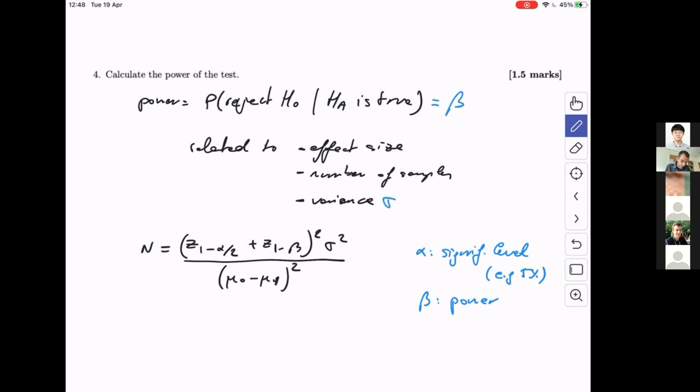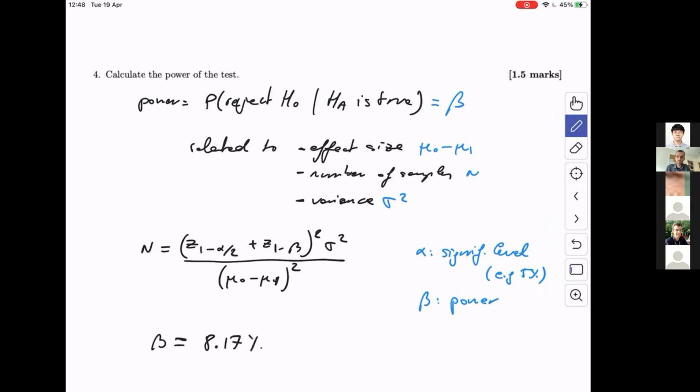Sigma squared is your variance. N, of course, is the number of samples, and mu0 minus mu1 is the effect size. And using all of this information and the data that you have from the problem, you can plug everything in and you can solve for beta.